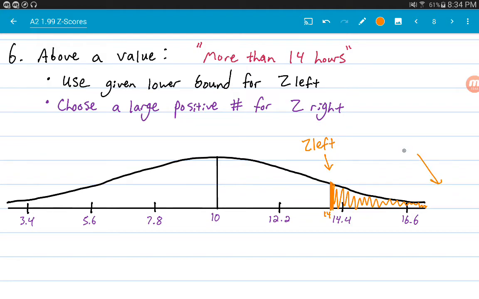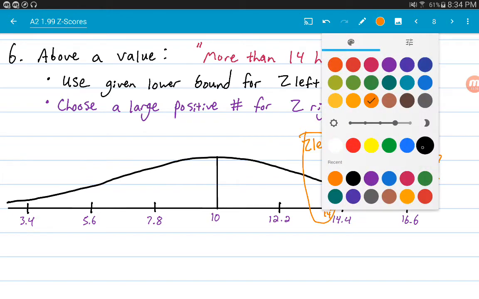My z right is somewhere over here down the line on the right-hand side. So this is my territory for my z right. Now we're going to use the given lower bound for the z left. We're going to use this 14 to find z left. But we're going to choose a large positive number for z right because we don't know where to stop.